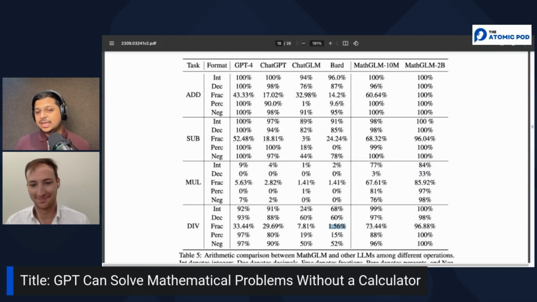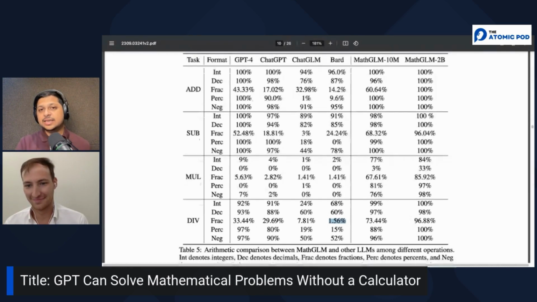And if you look at it, any number can be represented as a fraction. So over time, this accuracy is going to be bonkers. Yeah. So that is where MathGLM has a very good way of moving forward, of solving basic math problems, basic arithmetic problems.